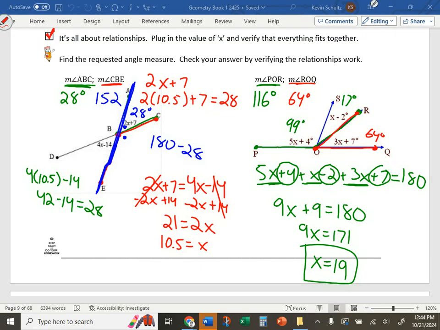On page 29. No, let's do this instead. Actually, yeah. On page 29, 22 through 26. That's only 5. That's a lot.